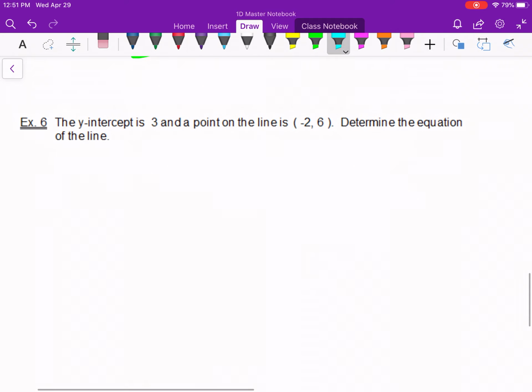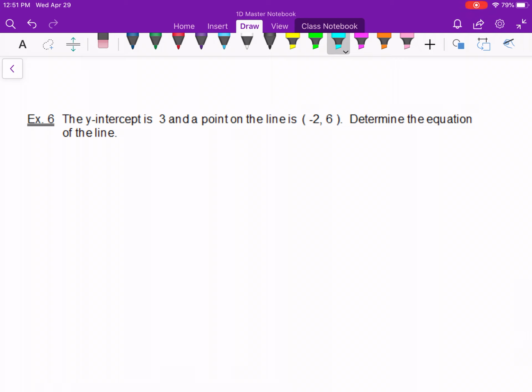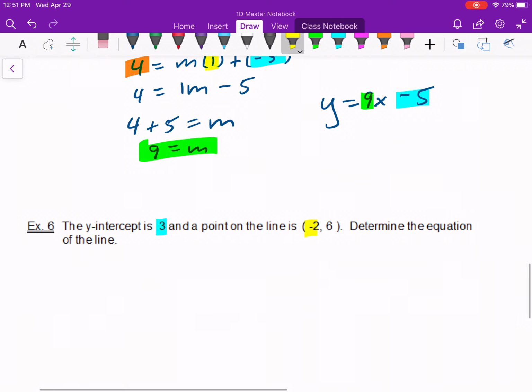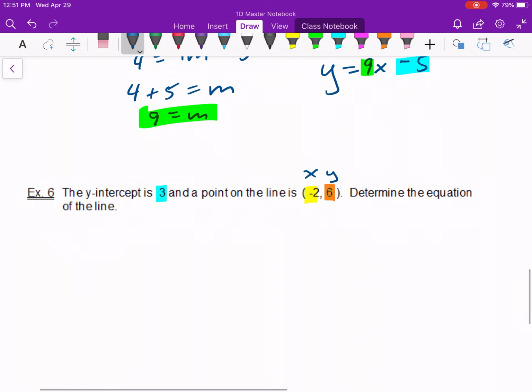And example 6, just same as example 5, different numbers. We'll go through it. We got the y-intercept. We've got the x-coordinate. We've got the y-coordinate. So we will put things in their appropriate places.